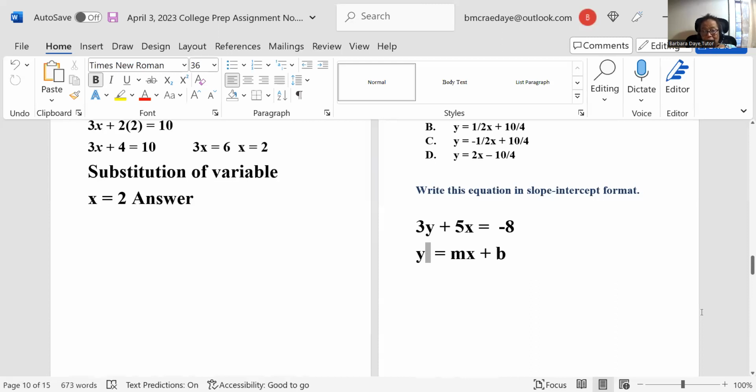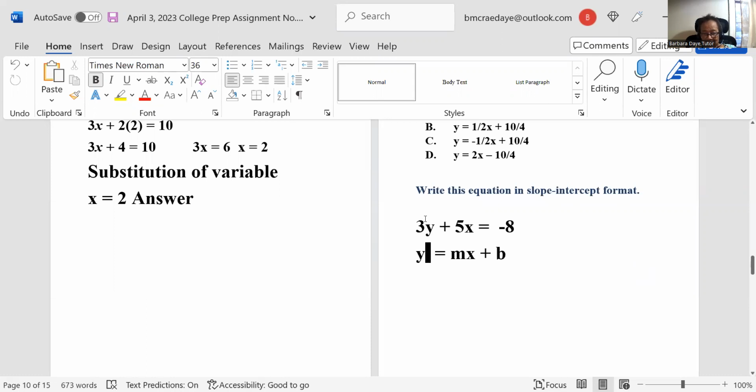Now, for all of you, when you subtract that 5x, put that 5x in front of the constant, because you want to say mx plus b. So when you subtract the 5x, put it in front of your minus 8. Your minus 5x, put it in front of your minus 8.